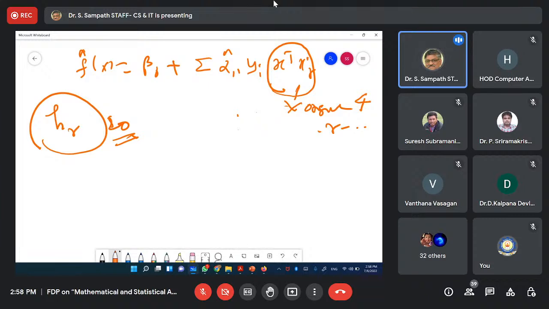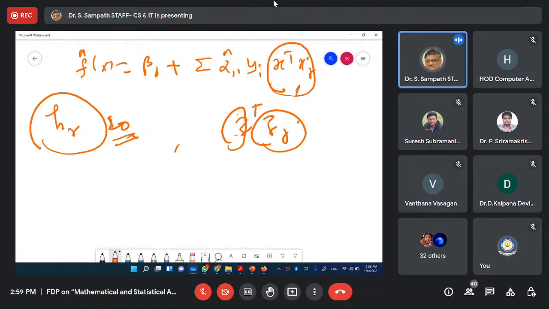Understood? So what we have to do, I have seen that you have something like z1, z2, etc., z20. It's transpose. And z1, z2, etc., z20. So this is what you must be having. But remember, there is no need to go for the new transformations and replace this x transpose xj by something like z transpose zj, where this z is a 20-component vector and this is also a 20-component vector.